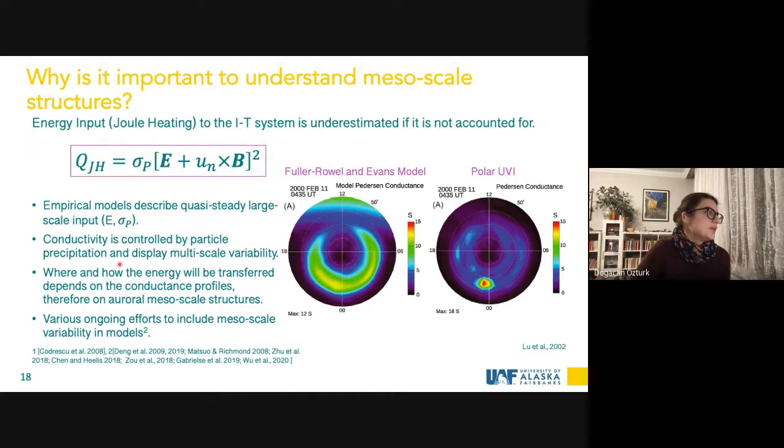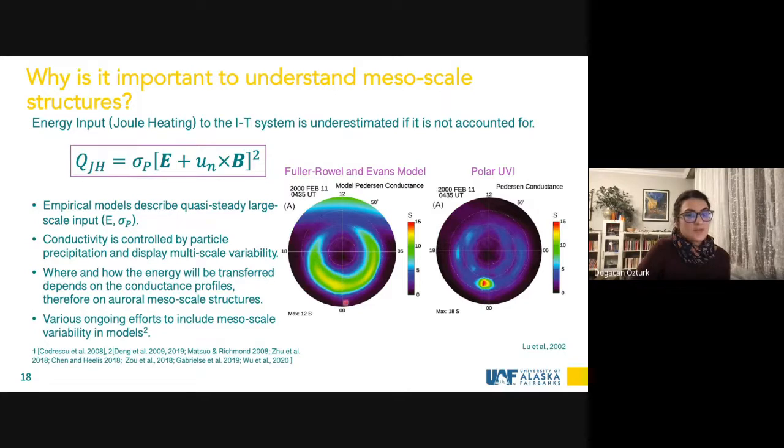significantly vary. So here you can see that, for example, the sigma P is very localized in the pre-midnight sector, as opposed to the almost very large oval type structure that we see.